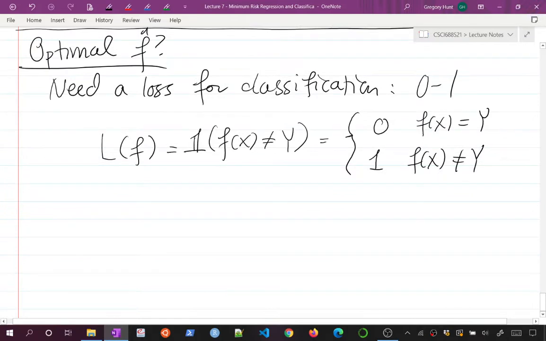Let's see if we can do this here. We know that f hat of x is what we minimize. We can make a similar argument.